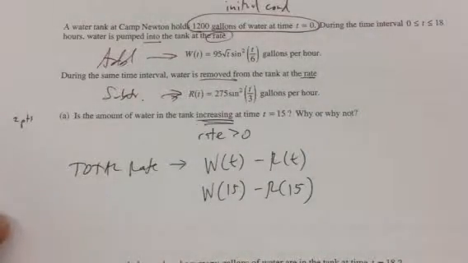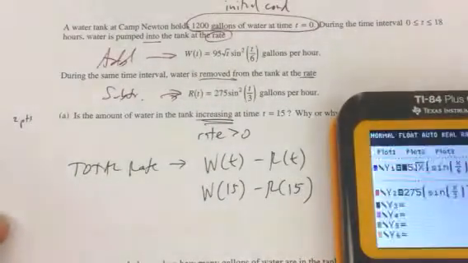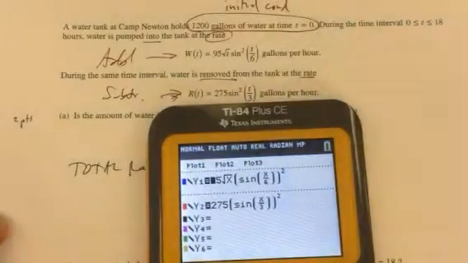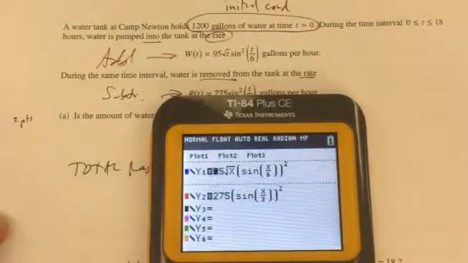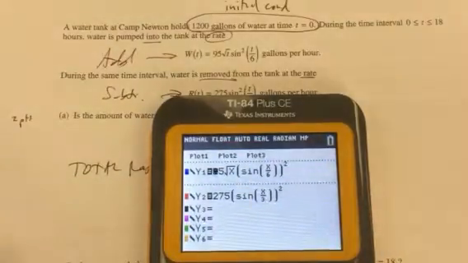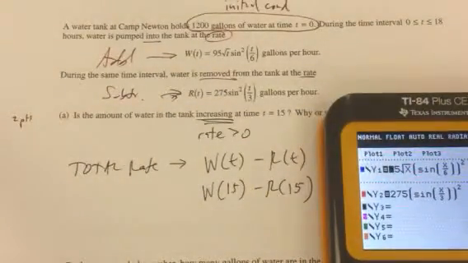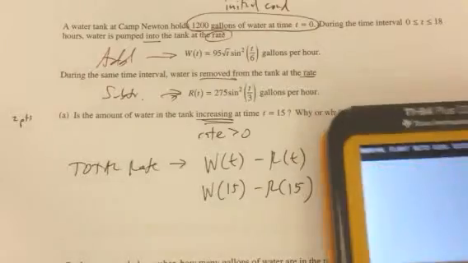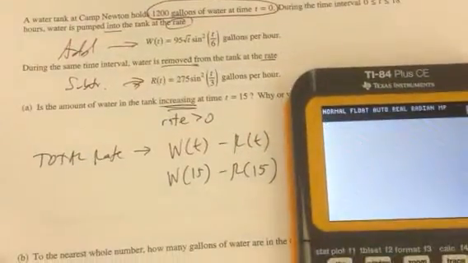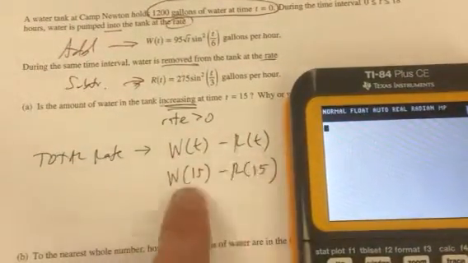To prepare, I've taken my graphing calculator and I've already typed in both functions. The easy way to use your calculator is to type this in.